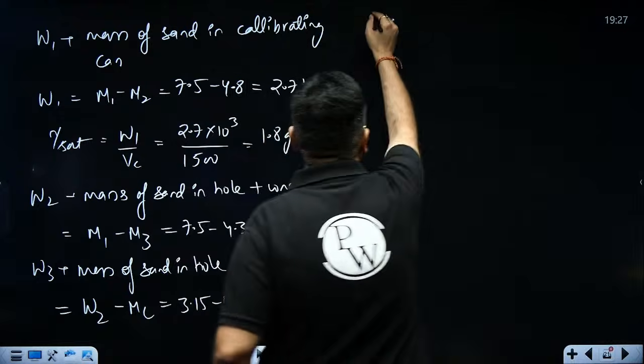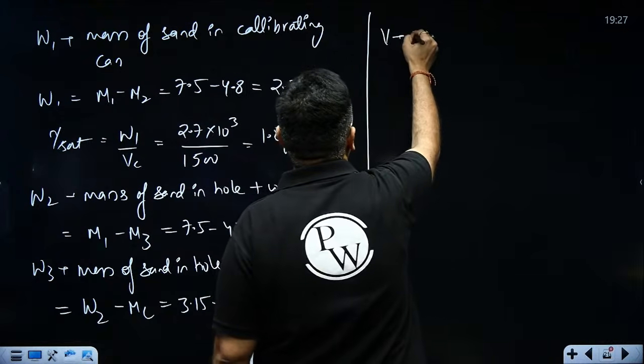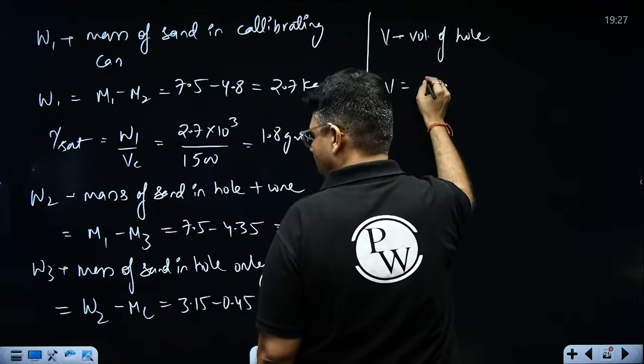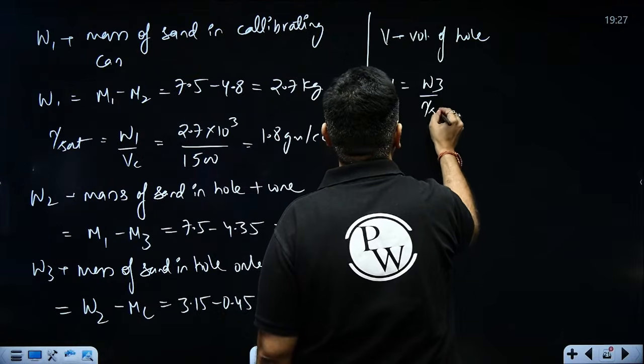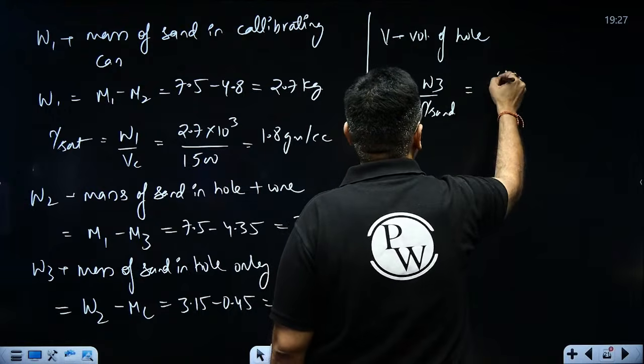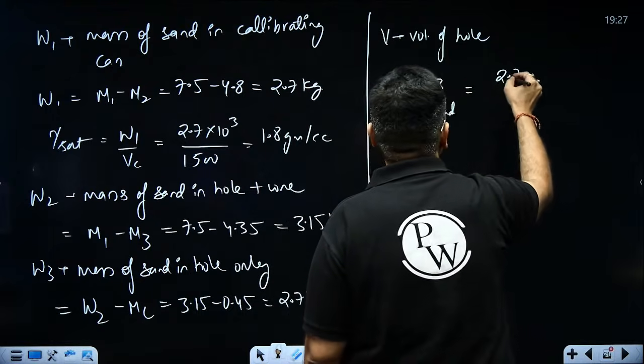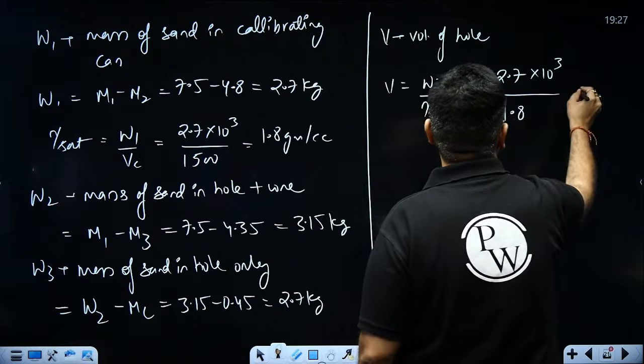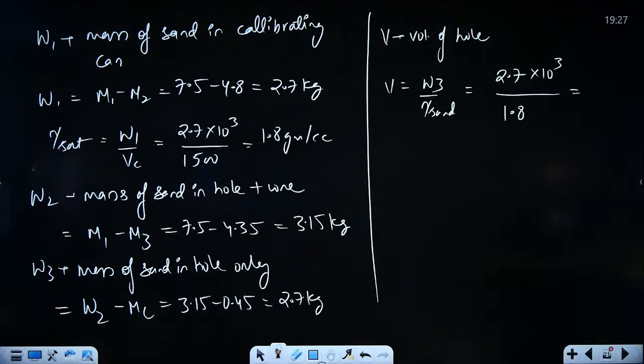2.7 kg. Volume of hole is W3 upon gamma sand, 2.7 kg into 10 to the power 3 upon 1.8.